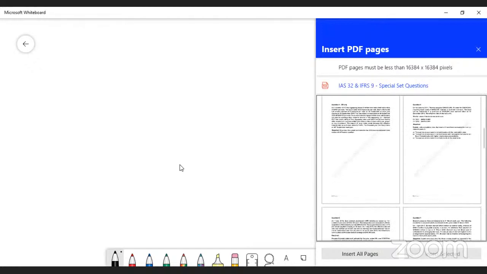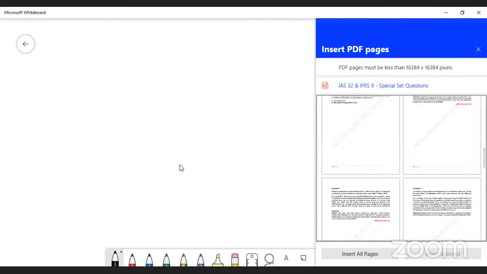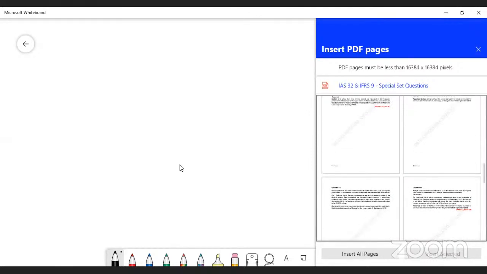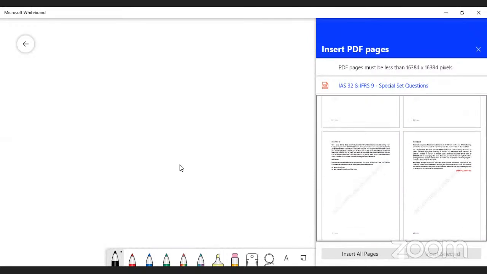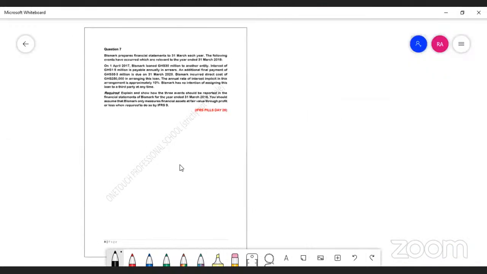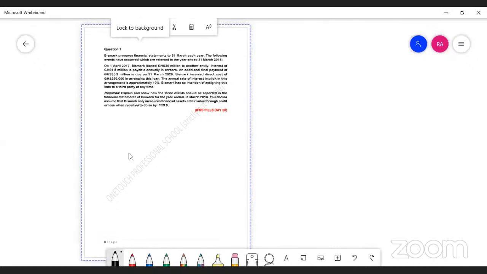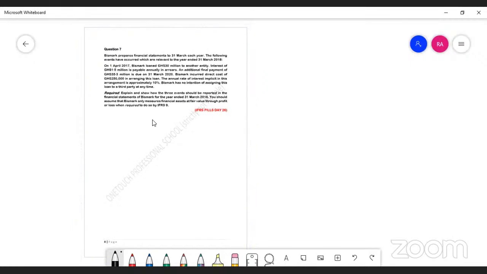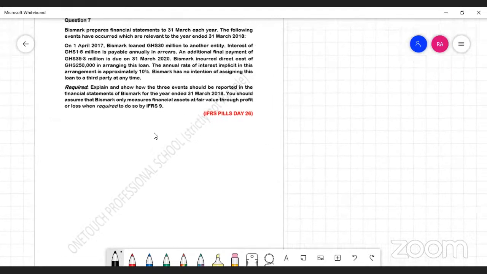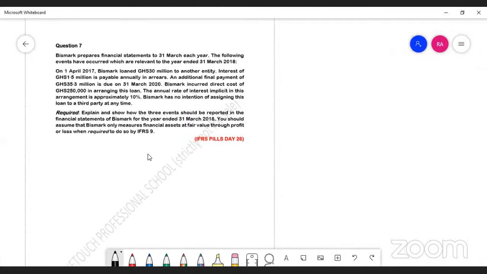We have devoted this time for financial instruments. It's an examinable IFRS. All examinations, they are interested in financial instruments. Very, very important. Okay, let's move. Question 7.